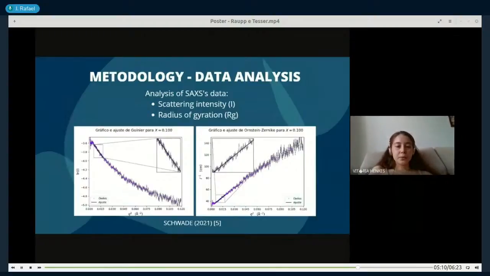Currently, what we are doing is analyzing this graph that we obtained with the linear and Ornstein-Zernike approximations to obtain these parameters here: the scattering intensity for small angles and the radius of gyration. This parameter, the radius of gyration, for example, indicates the size of the chains that we are observing in the mixture.